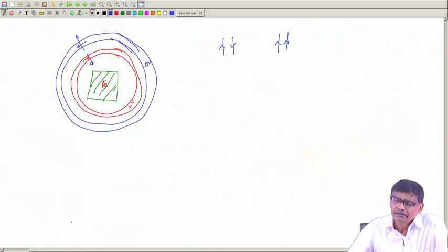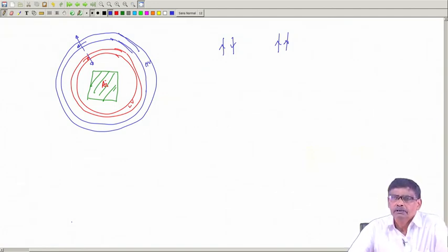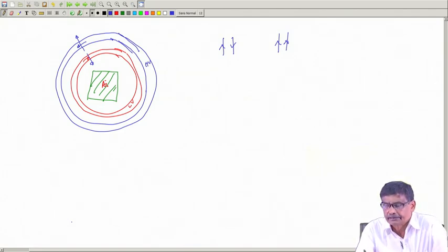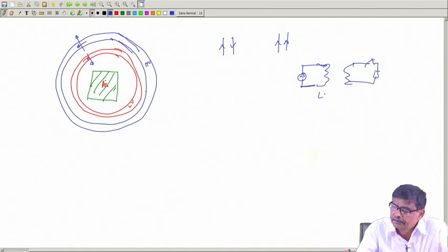Another last point I will make. Sometimes what happens in transformers, if you load the transformer, because of regulation voltage decreases. See, you load the transformer, okay? Connect the load. We have seen that this is suppose the LV side, this is suppose the HV side.